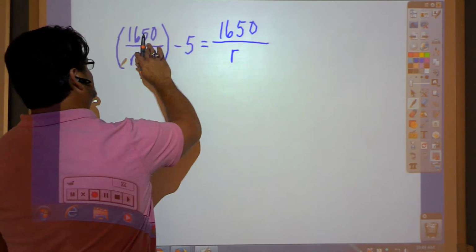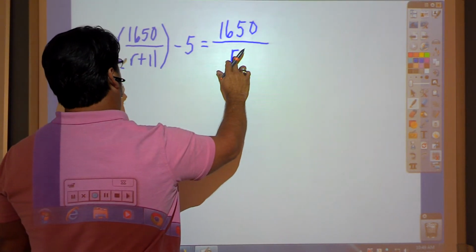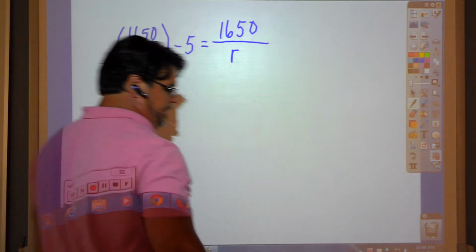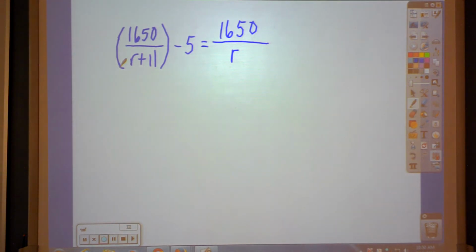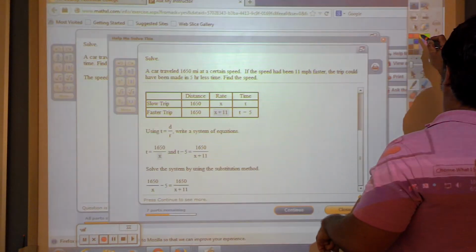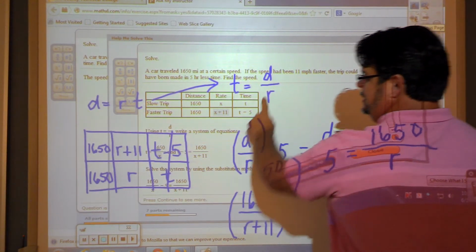What I did is I assumed the wrong T. This is actually T because it's 1650 over R. This is not the T, sorry. There. This is the actual T because in the original, right here, T is equal to this.